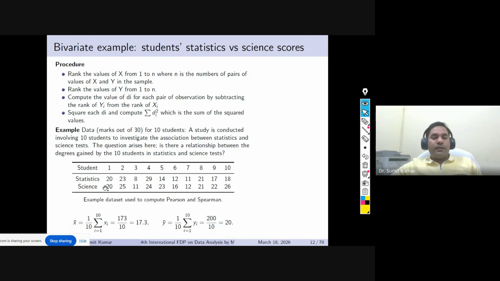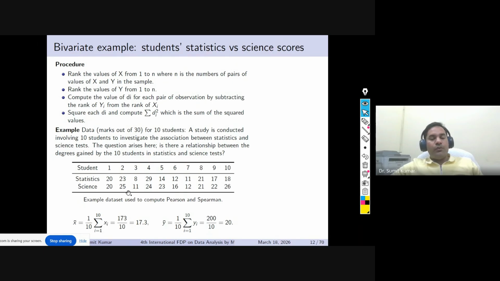The same method you have to apply for the other variable: find the maximum number here and give it rank 1. If there are some repeated numbers, like 21 repeating in the same variable, you have to assign them the same rank by taking the average.